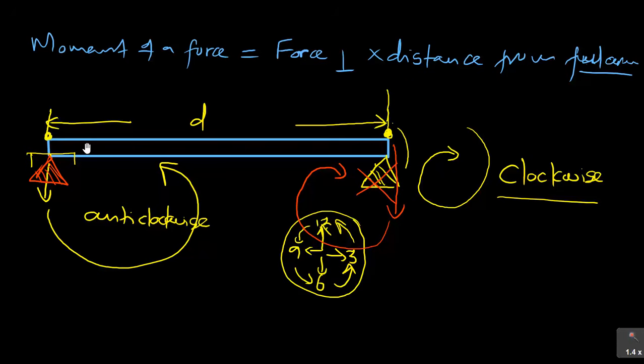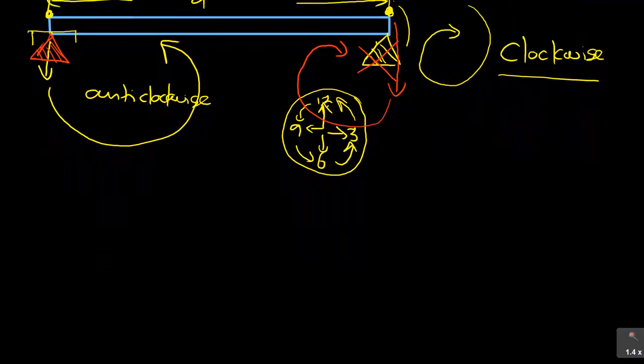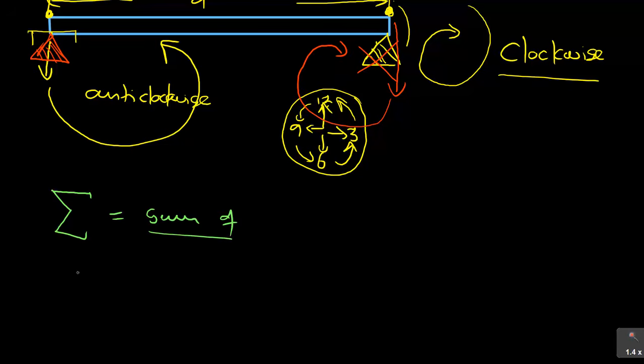So in our calculations or in our methods, we are going to be looking at, in this case, the sum of moments. Another thing that I'm bringing in is the sum. So if we're saying sum of moments or sum of clockwise moments, this sign means sum of. So if I say something like this and then I do a rotation like this, I'm saying this is sum of clockwise moments.